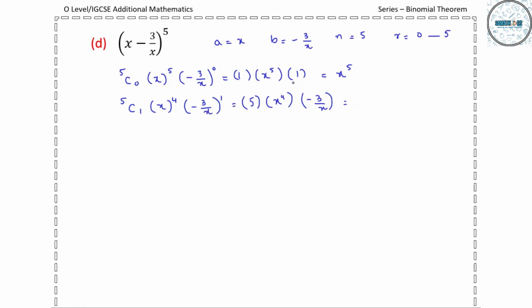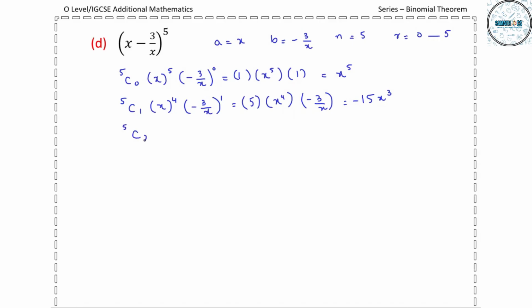So 5 multiplied by 3 is 15, so it is negative 15. When we will simplify x power 4 by x in the denominator, we will get x cube. So negative 15x cube is the second term.